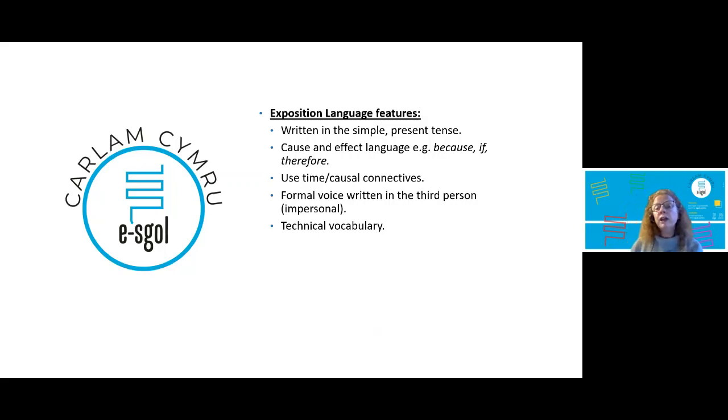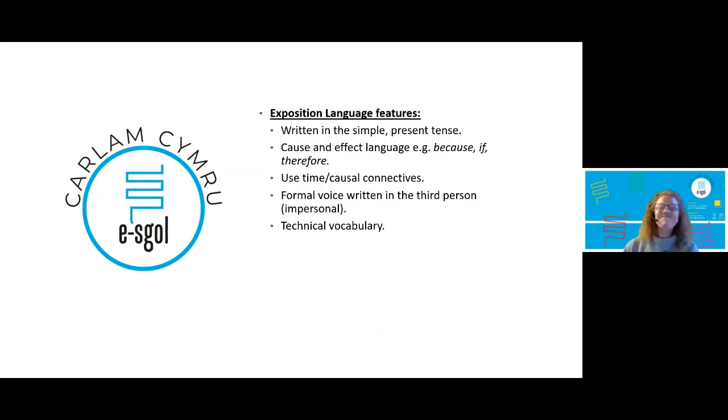So when you're writing an exposition, you're looking at keeping it in the simple present tense. It's a good thing to use cause and effect language, so because, if, therefore. It's good to use time or causal connectives, so things like next, then finally. It's going to be a formal piece of writing. When you're offering your point of view, it's going to be formal.